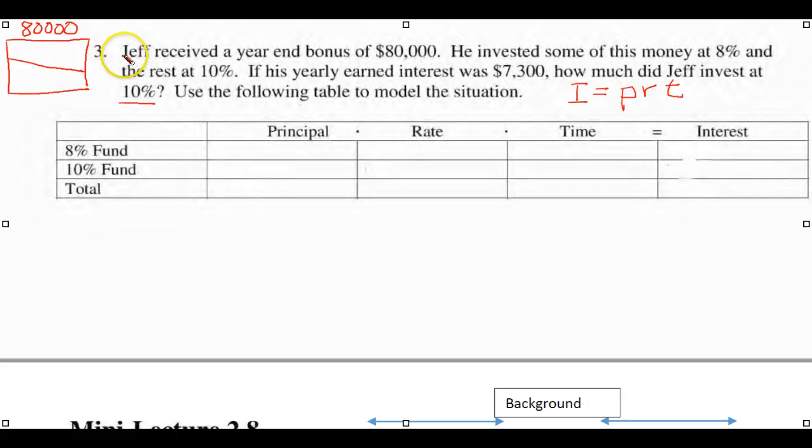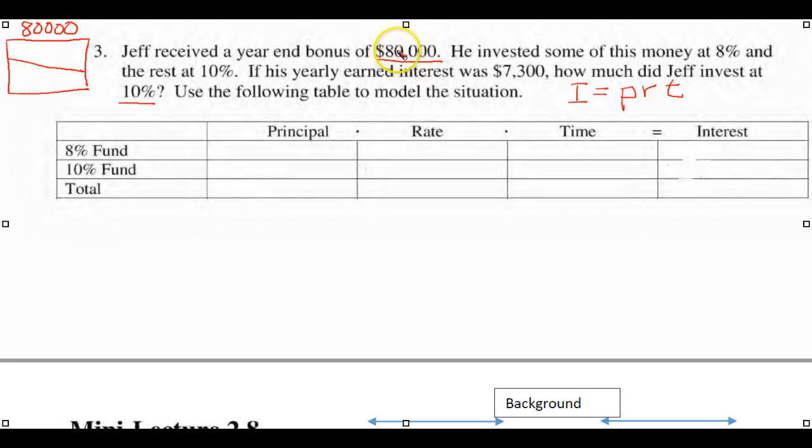Now, in example 3, we're going to go back to what we had mentioned in a previous lesson. Here we're receiving an $80,000 bonus. We want to divide that 80,000 into 2 parts.